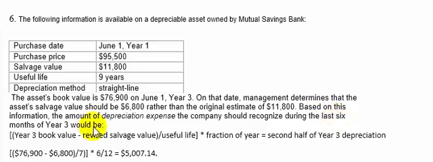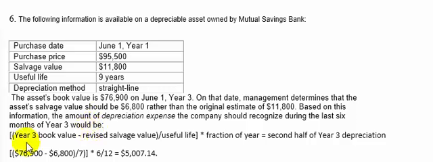Well, again, like I said, anytime you have a revision, the first thing you have to do is bring everything to the point where the revision starts. So the year 3 book value would be the book value at that point, which would be $76,900, minus the revised salvage value of $6,800.